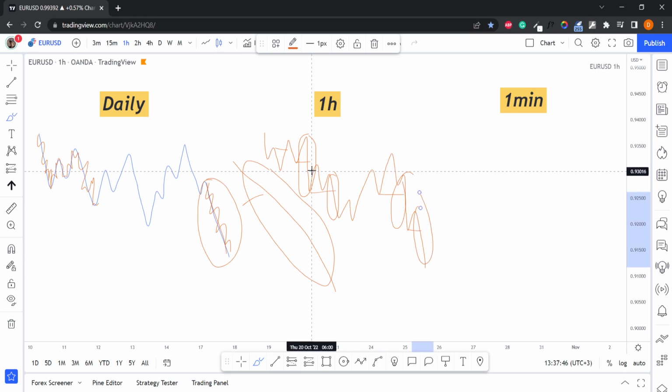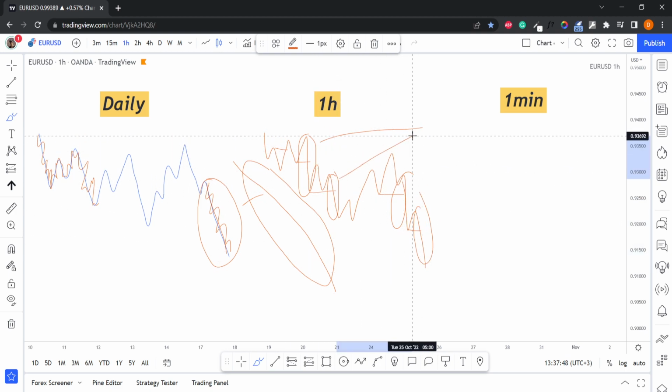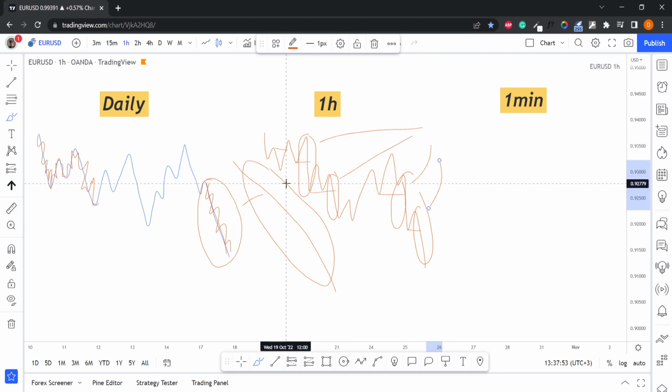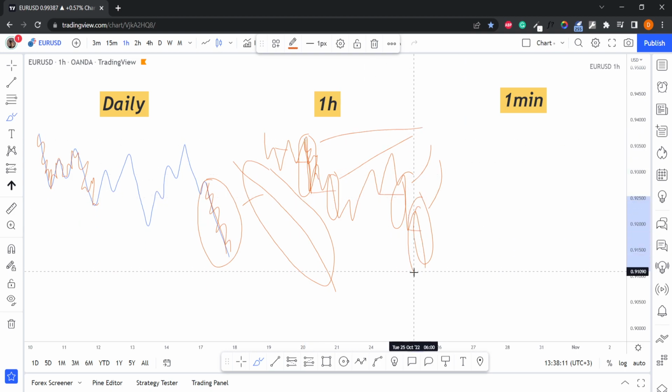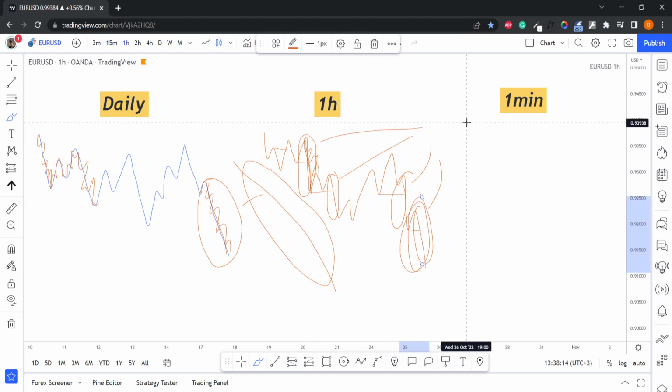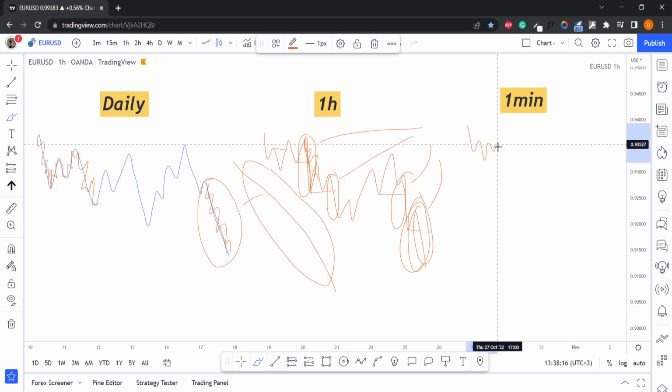And then inside of all these impulses we can observe something like this on 1 minute. Even though 1 hour will look straight down like one impulse, 1 minute price action inside can also have its own shifts and reshifts. So let's look at 1 minute inside here. We will have maybe some consolidation, some reshifts back bullish, and then back bearish again.